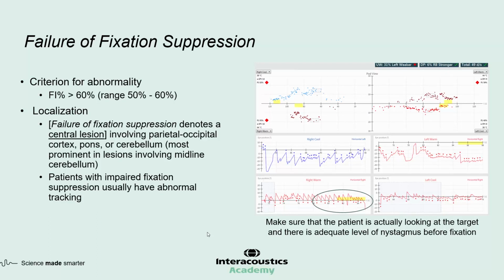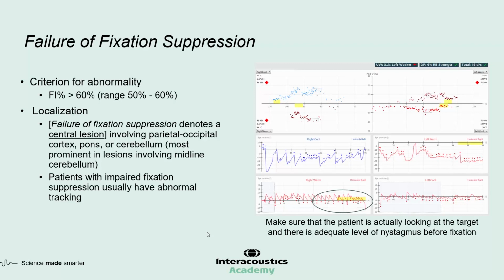One quick way of determining that is that when the light comes on, if the patient's pupils shrink, that means the light is actually being observed. So if for some reason the light burns out in your goggles and you don't notice it, and you think that the patient has a fixation suppression abnormality, then you won't get that effect of shrinking the pupils.